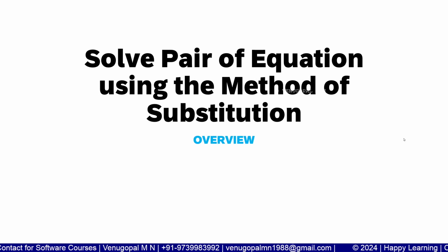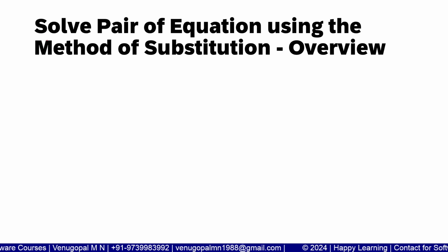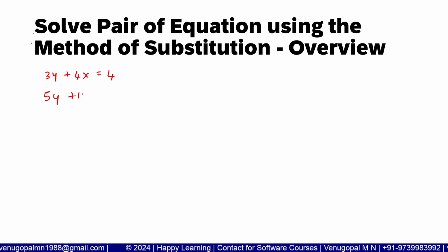So let us understand the overview of this particular concept, the method of substitution. Assume that you have two equations given to you. For example, 3y plus 4x is equal to 4, and maybe 5y plus 10x is equal to 8, something like this. Here we have to find out the value of y and the value of x.